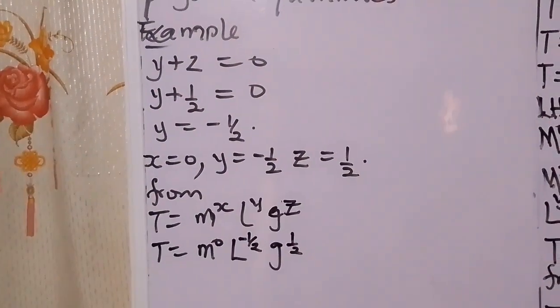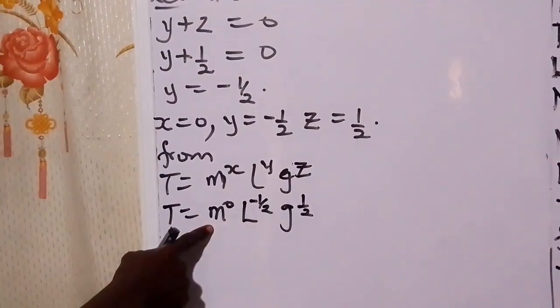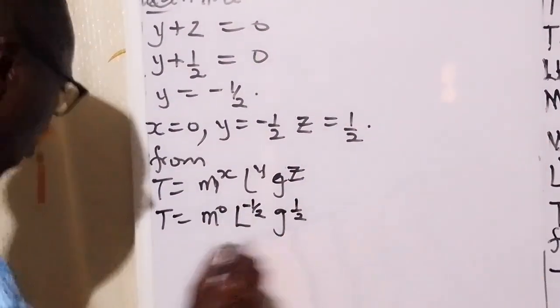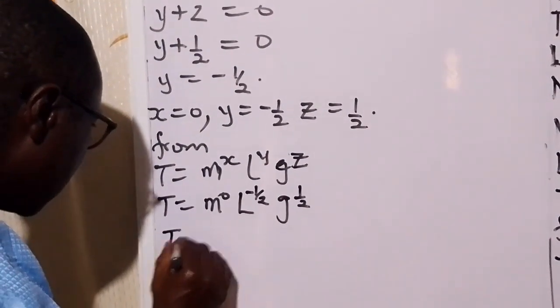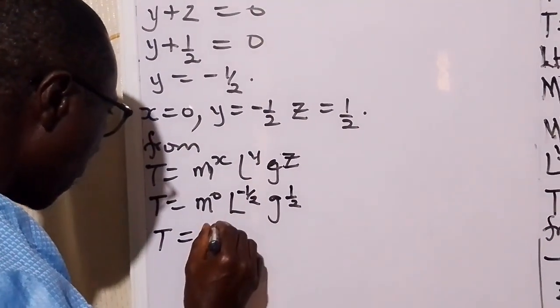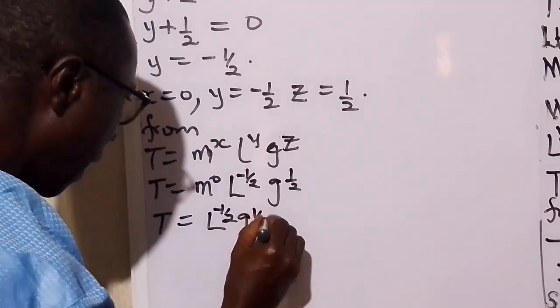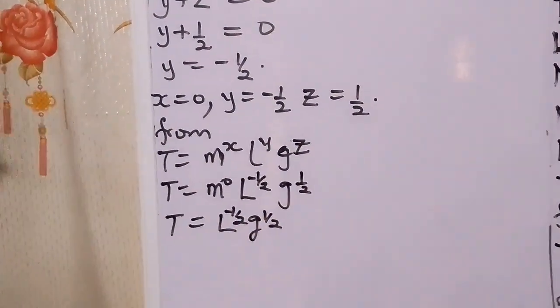Now, from mathematics indices, anything raised to power 0 is 1. So m will go away. Then we are now left with t is equal to l raised to power minus half, g raised to power half. Here, apply law of indices also.